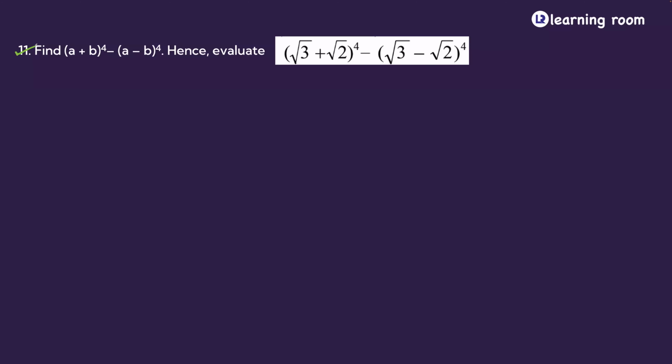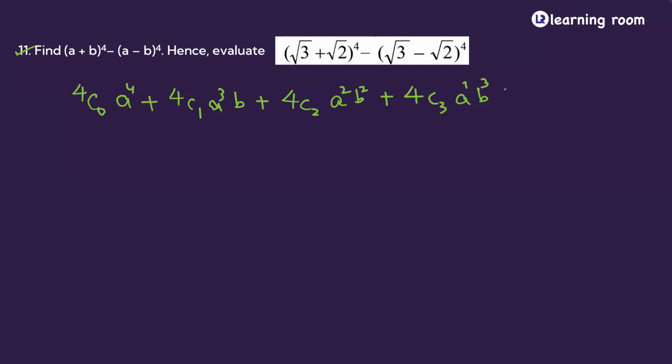I'll directly write it. (a+b)^4 is 4C0 a^4 plus 4C1 a^3 b plus 4C2 a^2 b^2 plus 4C3 a b^3 plus 4C4 b^4.